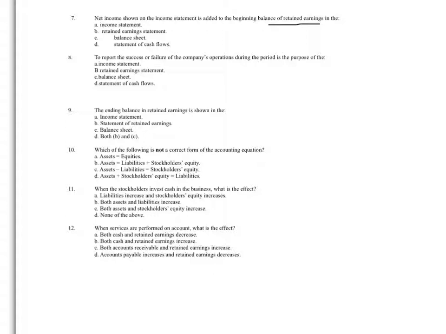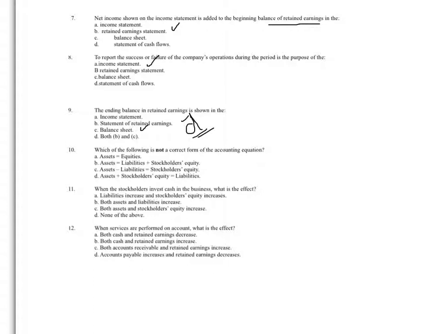Not the income statement, not the balance sheet, not the statement of cash flows, but the retained earnings statement. To report the success or failure of a company's operations during the period is the purpose of the income statement. The ending balance in retained earnings is shown in the income statement? No. Statement of retained earnings? Yeah, it's shown there. It's also shown on the balance sheet. So the answer is D.